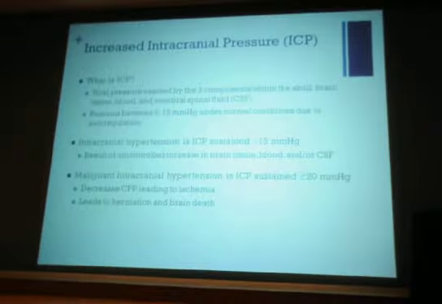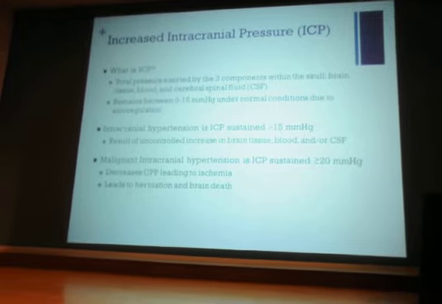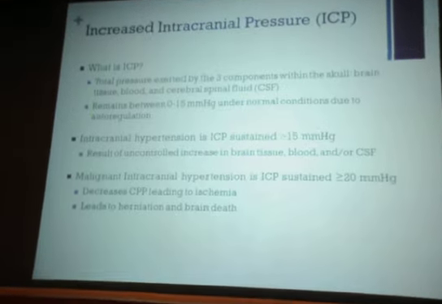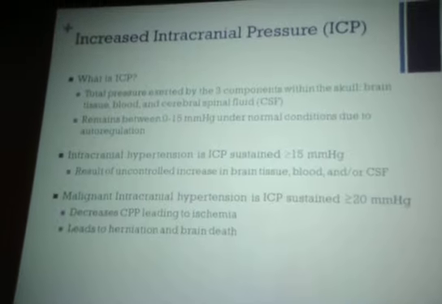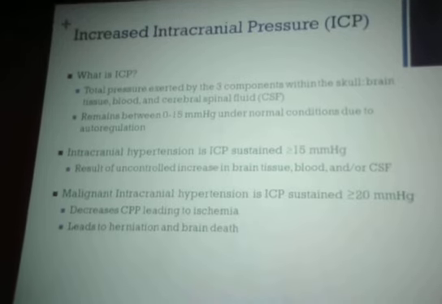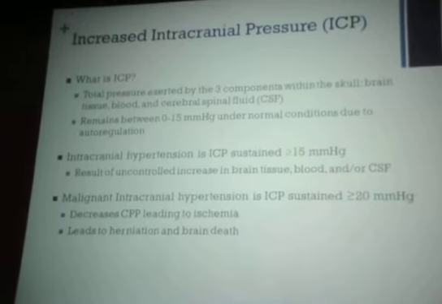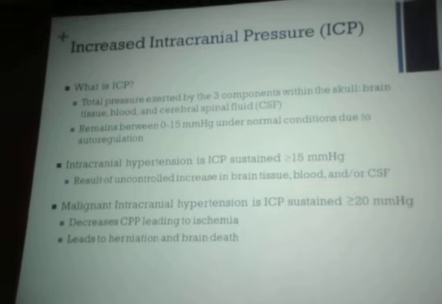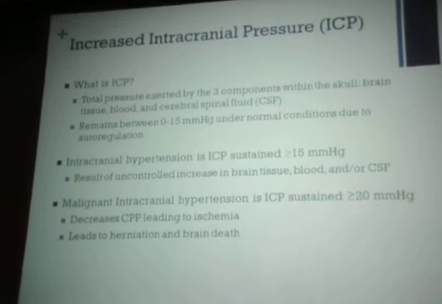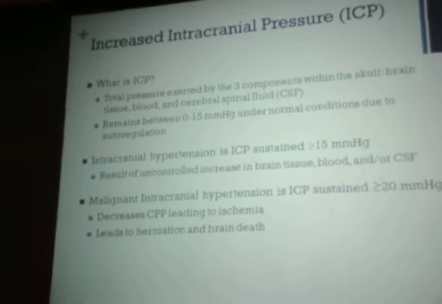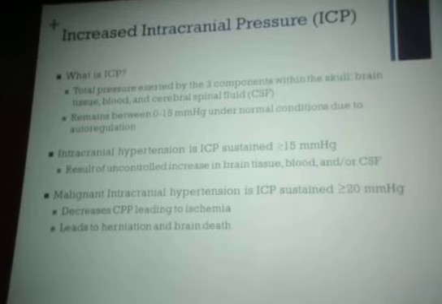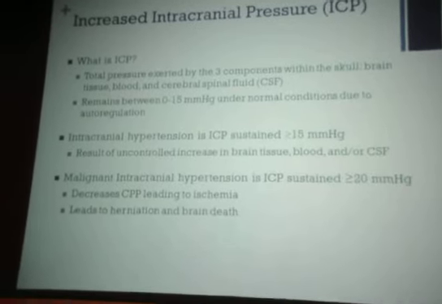So what is intracranial pressure, or as we say, ICP? It is the total pressure exerted by the three components within the skull: brain tissue, blood, and cerebrospinal fluid. Under normal conditions, it's between 0 and 15 millimeters of mercury due to autoregulation within the body.